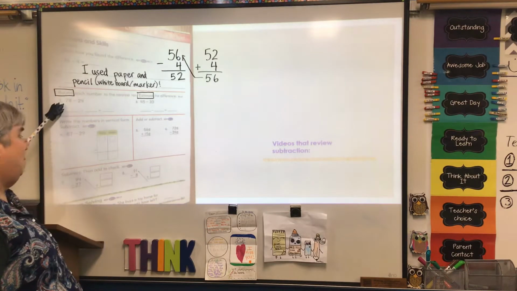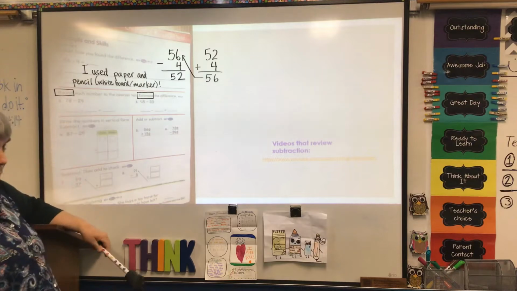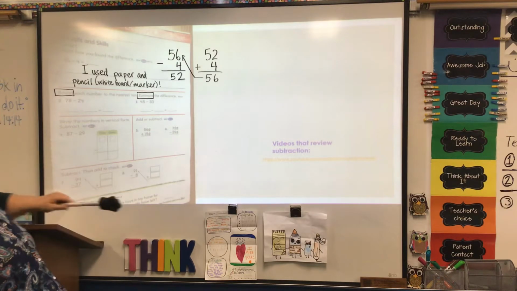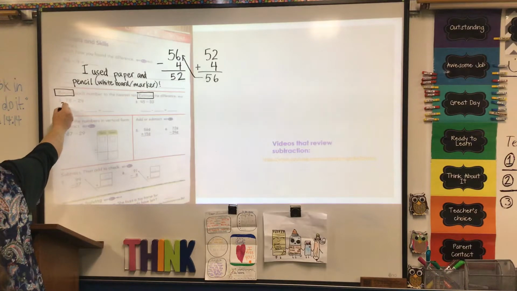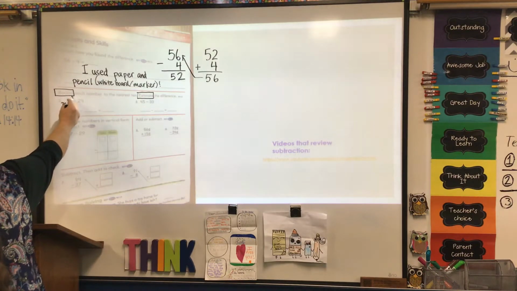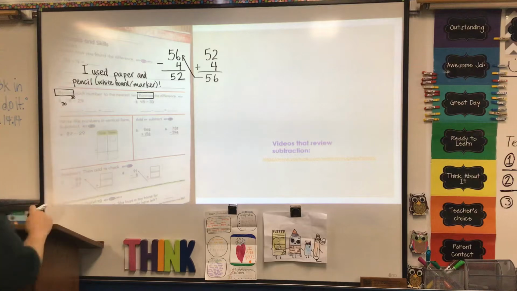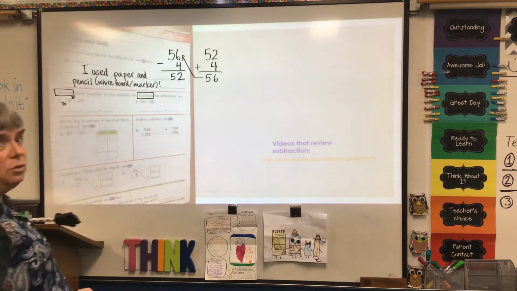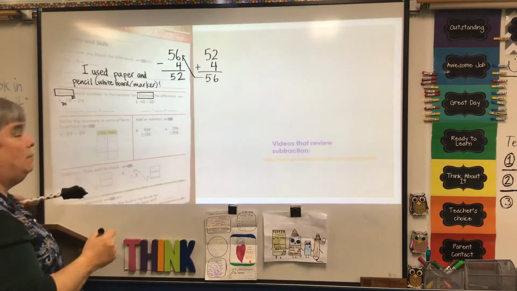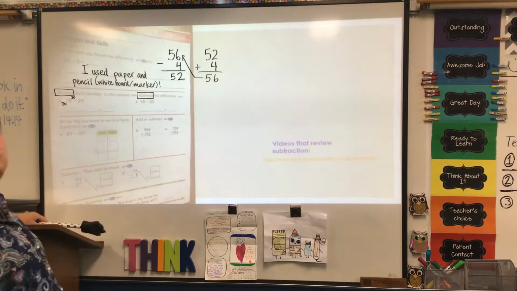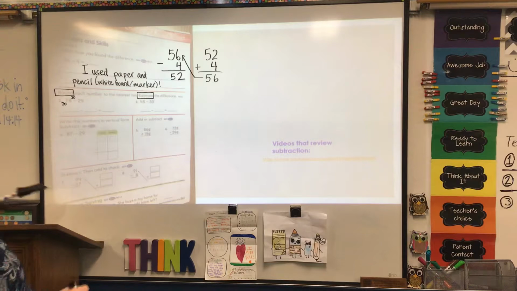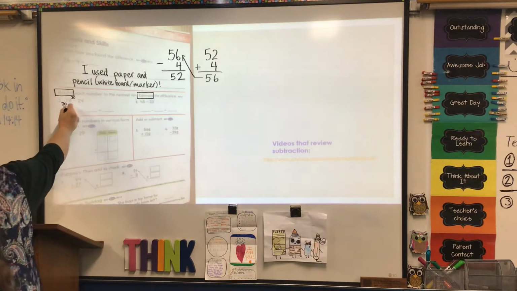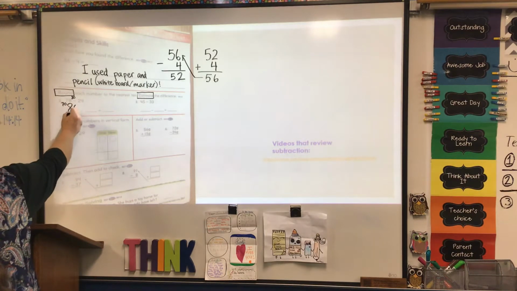I'm going to say 78. Let's see, my benchmarks are 70 and 80. So I'm going to think about which one is that closer to. Is 78 closer to 70 or 80? And I'm going to remember that 78 is much closer to 80. So I'm going to write 80 right here.